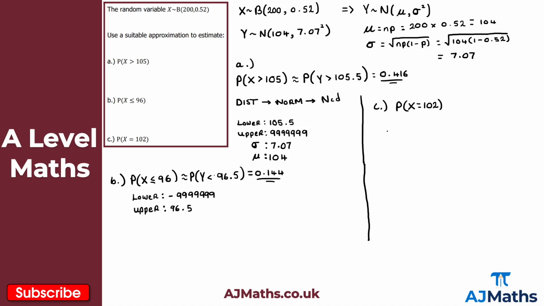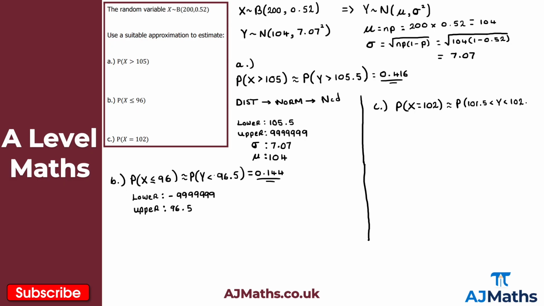So for my approximation here, this would be the probability that y is between 101.5, so if I subtract 0.5, I get 101.5, and then for the upper bound, that would be 102.5, adding 0.5 there.